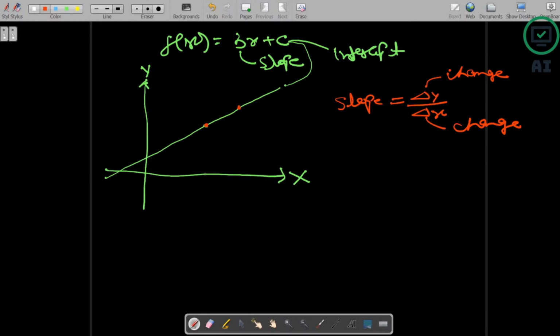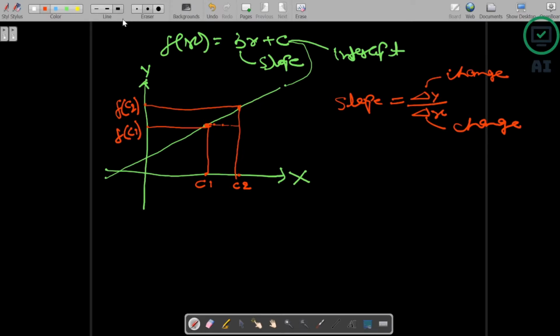Let's take this point as c1 and this one as c2. So what is the function value for these points? The function values will be f(c2) and f(c1). Let's find the slope between these 2 points. What is the change in x?